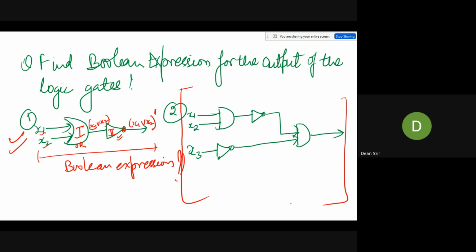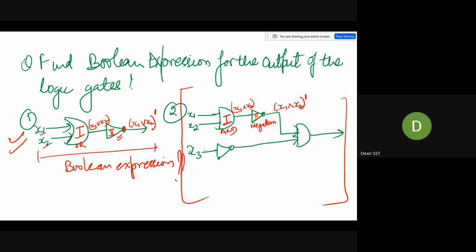Now let us try the second one. So let's see the first gate. x1, x2, and this gate is AND. So the output will be x1 and x2. Now see the second gate. It is negation. So the output will be x1 and x2, all negation.